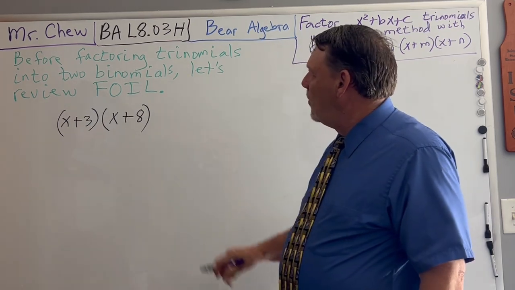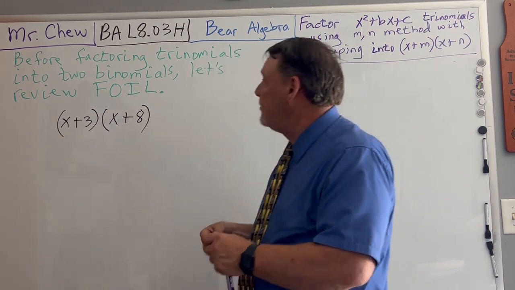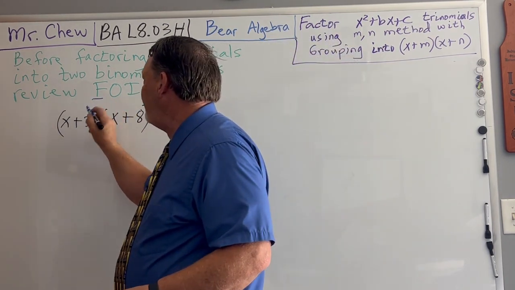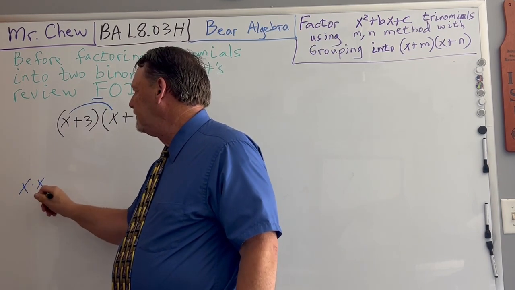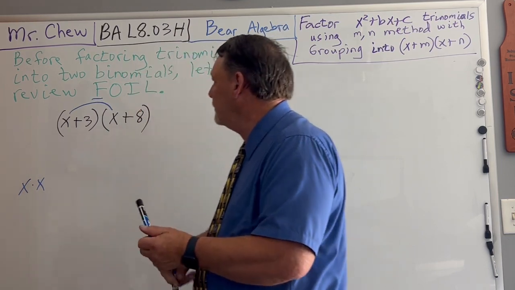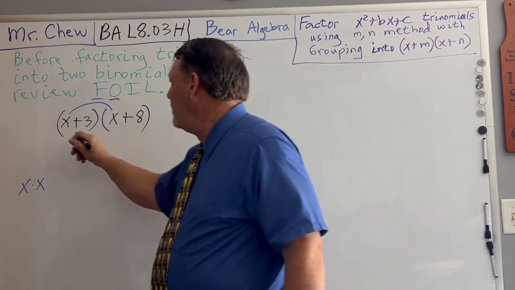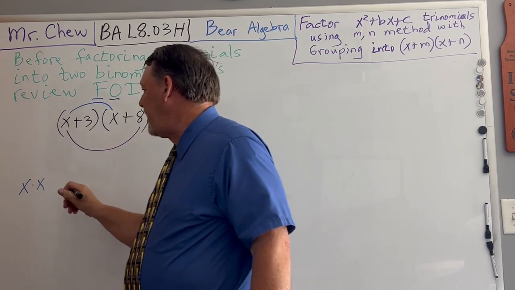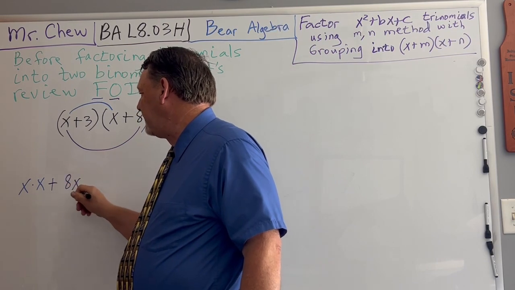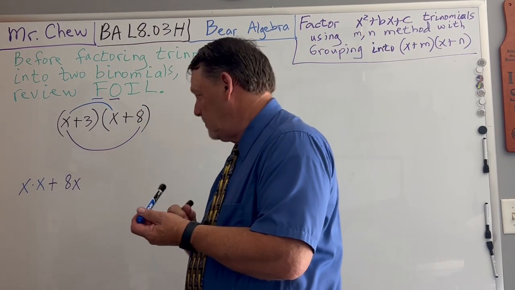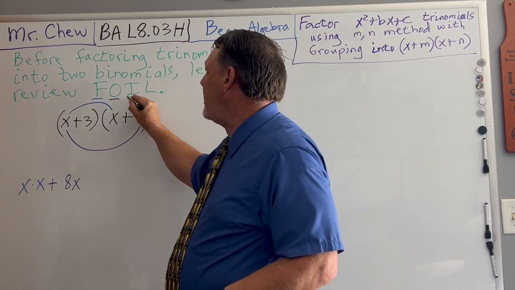And I have several different methods besides the FOIL. All right, so the F stands for first. So let's just review this. My F is first, so it's x times x. Then my O stands for outer, and that's x times 8, and that would be 8x. And my I stands for inner.